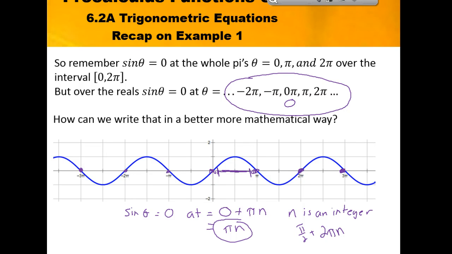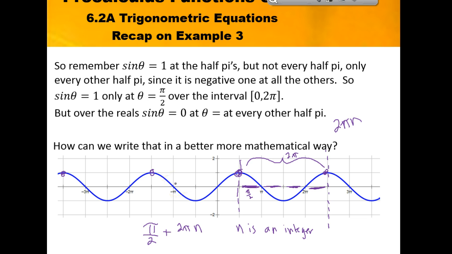Okay, sorry, I was having a clicker issue. Okay, so let's go back to this next slide. So here we go. Again, it's only 1 every 2 pi instead of every interval of pi.